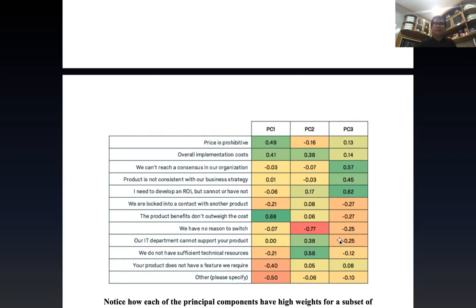PC2, we have 0.30, negative 0.77, 0.38, then 0.58, and we also have 0.38. PC3, we have 0.57, 0.45, 0.62.